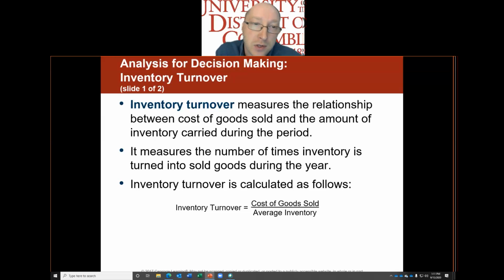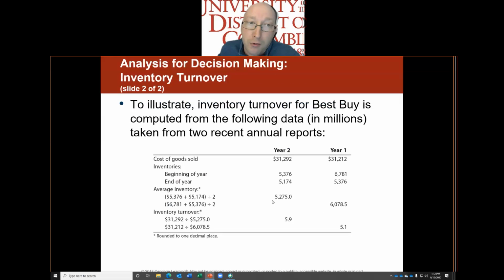This measures the relationship between the cost of goods sold and the amount of inventory carried during a particular period. It measures the number of times inventory is turned into sold goods during the year. Inventory turnover is calculated by taking the cost of goods sold and dividing by the average inventory.